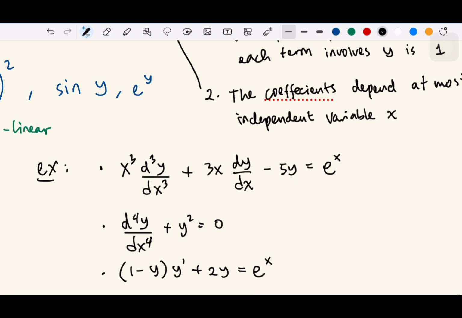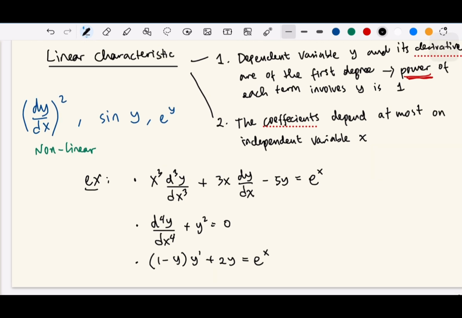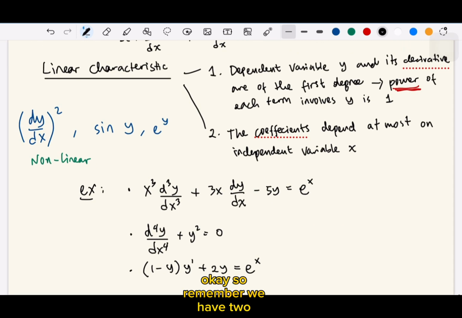Okay, remember, we have two characteristics. The first one is that the dependent variable y and its derivatives are of the first degree, which means this degree is related to the power, not the order. The second one is that the coefficient depends at most on the independent variable x.